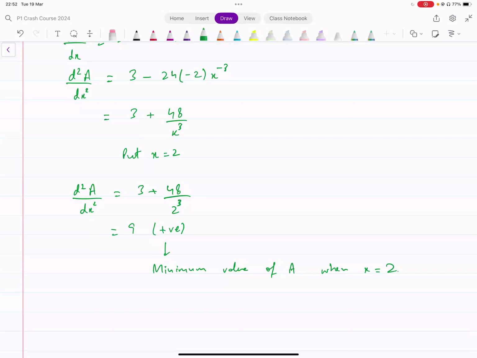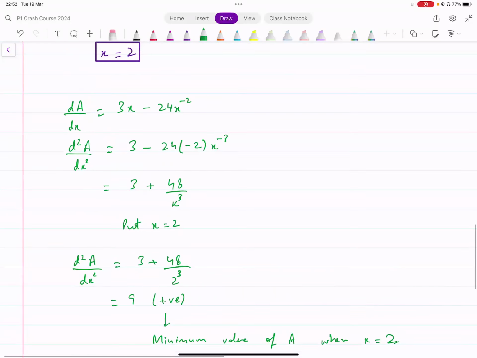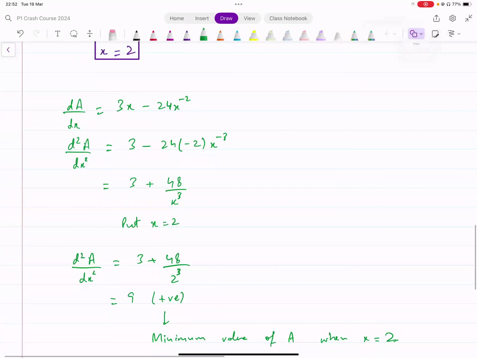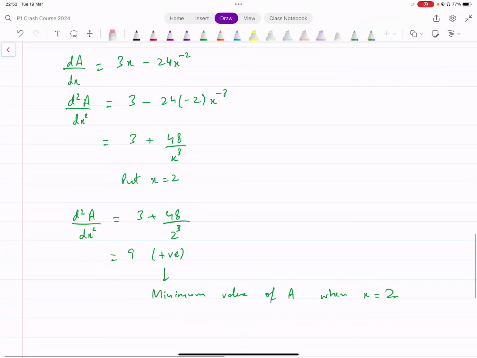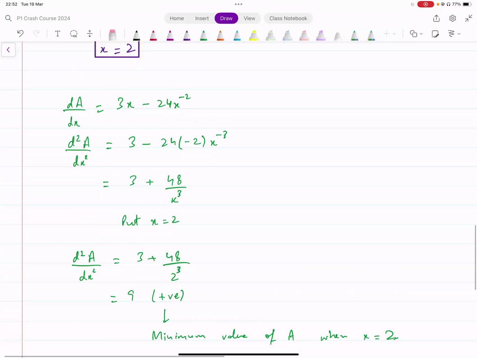And that is what we were looking for. We found the value of x, that's x equals 2, and we've proved that that's a minimum value because the second derivative is positive. If the second derivative is positive, the value of A that we have is going to be a minimum rather than a maximum.